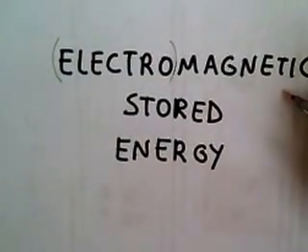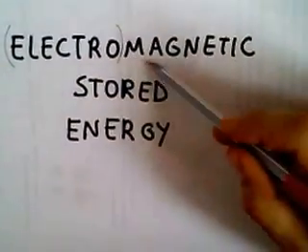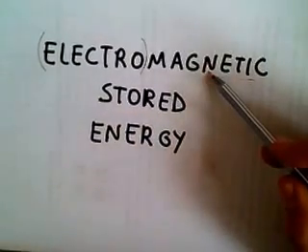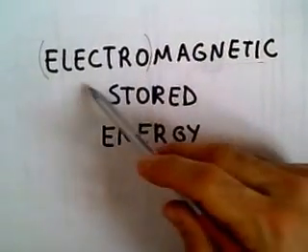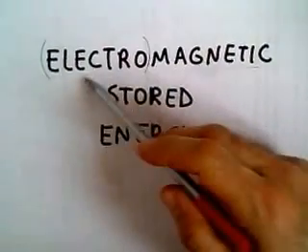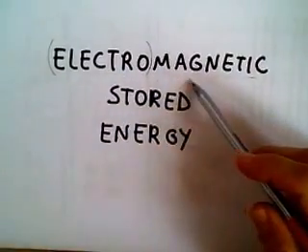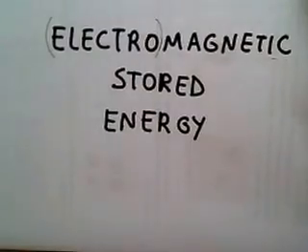So let's focus on electromagnetic stored energy. In short form, in many books and resources, it's called magnetic stored energy. But since this stored energy is given by means of electric terminals, one also may define this as electromagnetic stored energy as well.